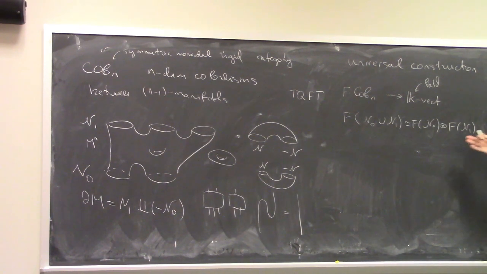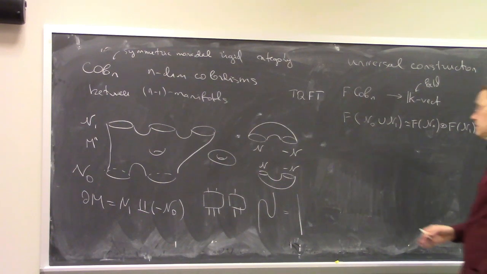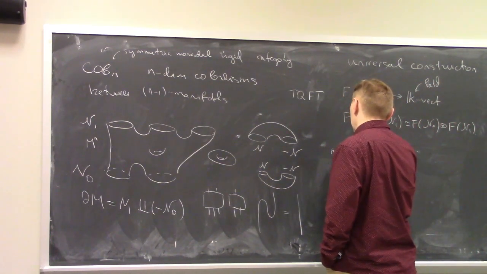So this additional condition is very strong. Sometimes there's a condition for what happens when the manifold has reversed orientation, but let me skip this. We won't need this. And so examples are in dimension n equal to 1.